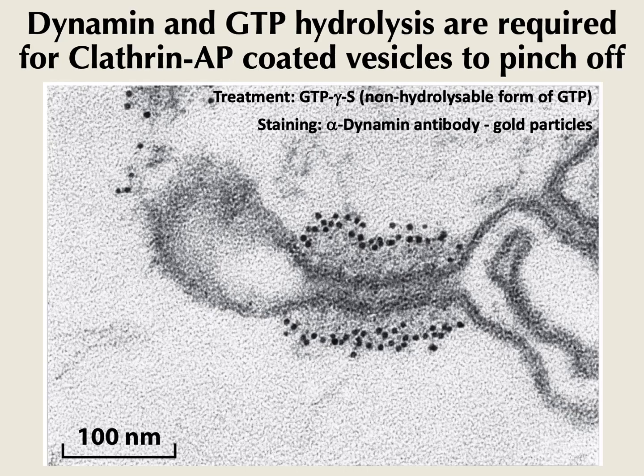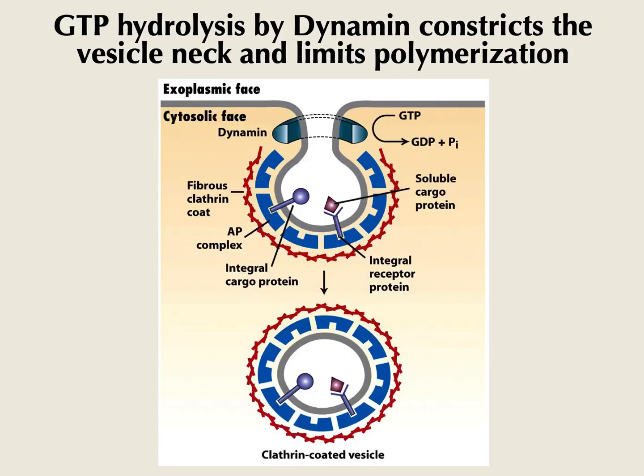Right? So that's an experimental condition, but it reflects the function of dynamin in endocytosis, so in clathrin-coated vesicle formation, which is to polymerize at the neck here. And once there are enough of these polymers, hydrolyze GTP and constrict, right?